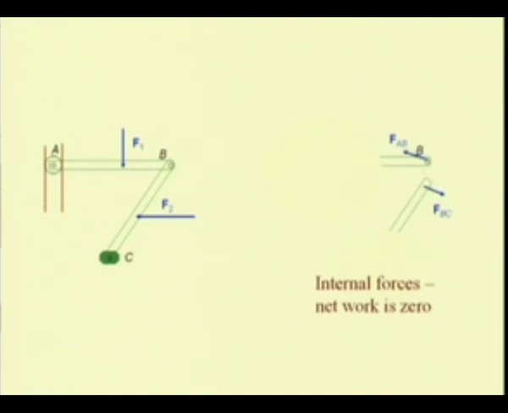So, let us say this point B undergoes a virtual displacement delta R consistent with these constraints, that means point A can move only in the vertical direction in the slot and point C cannot move, and thus CB has to purely rotate about this point C. If, consistent with these constraints, we can define this delta R, then the work done by this force FAB and the work done by this force FBC will cancel each other out, and thus the net work becomes 0.